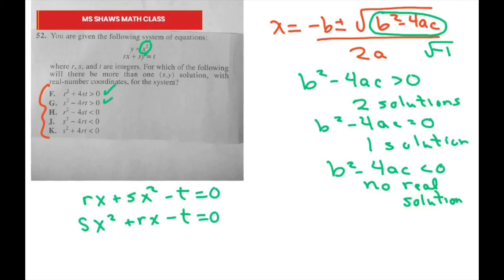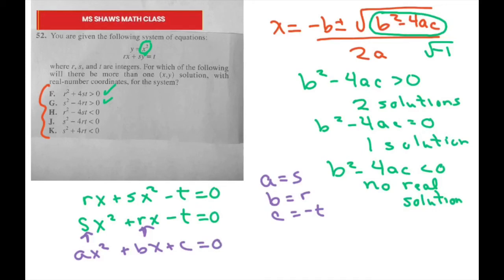So now what we want to do is fill in our ABCs. Our A is the first one, that's S. Your B is R, and your C in this case is going to be negative T. Remember, your standard form is ax squared plus bx plus c equals 0.